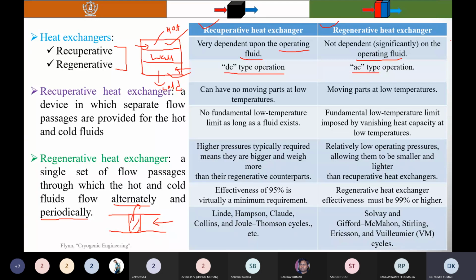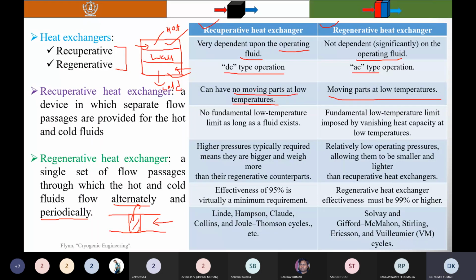Here recuperative heat exchangers have no moving parts at low temperatures. But here there are moving parts at low temperatures. I will discuss how to design the regenerative heat exchangers in the following lecture. Okay. Here I am just giving you the overview. What is the basic difference between the recuperative heat exchanger and the regenerative heat exchanger? Okay.